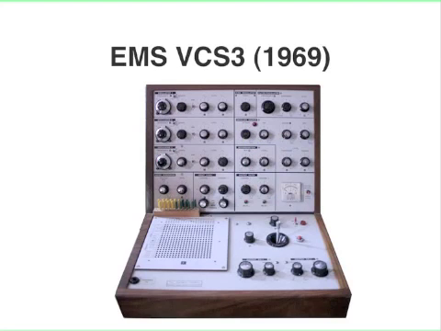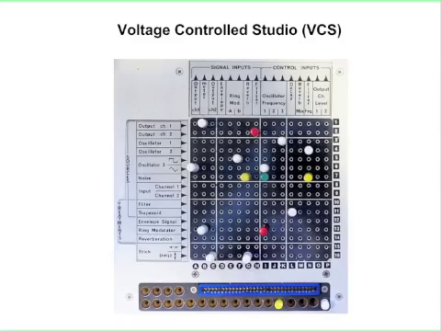So last in our tour here, as we're closing in on the last few minutes of the webinar, is the end of the 60s, the EMS VCS3, which came out in 1969. You can see it here. VCS stands for Voltage Controlled Studio.